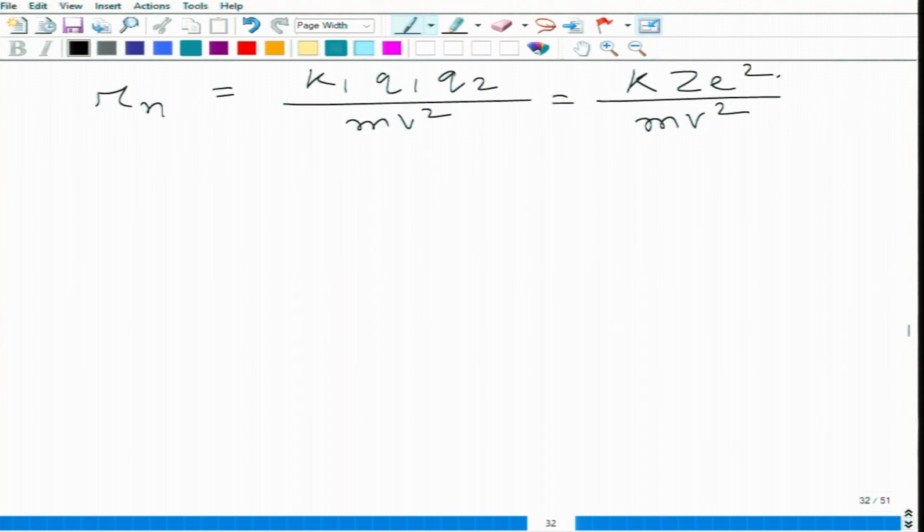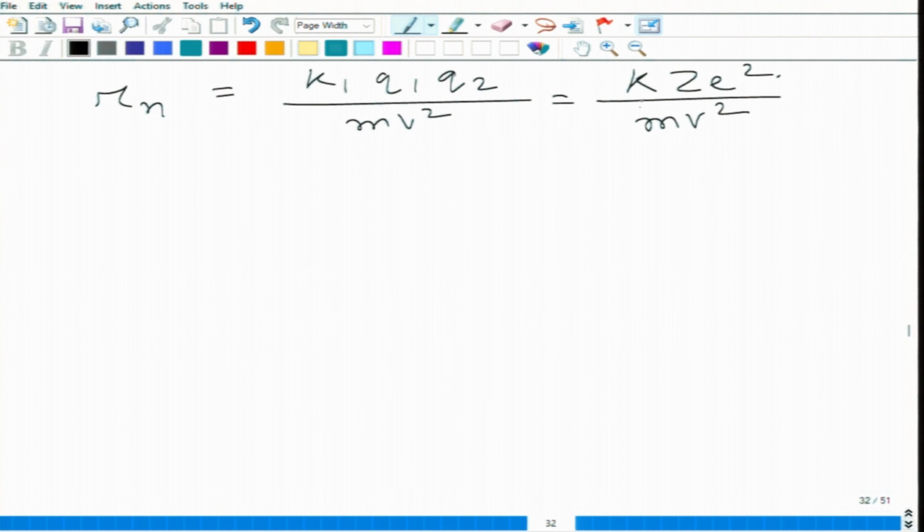Okay. Now, to find out radius, we know the value of K since it is a constant. We know Z. Z is the atomic number of the system that we are seeing. e is the charge of electron, m is the mass of electron and v is the velocity of electron.